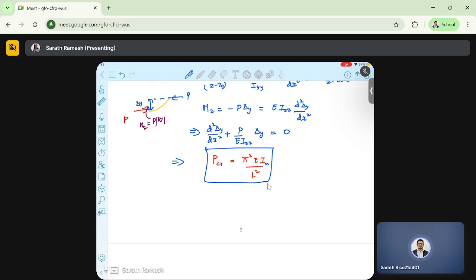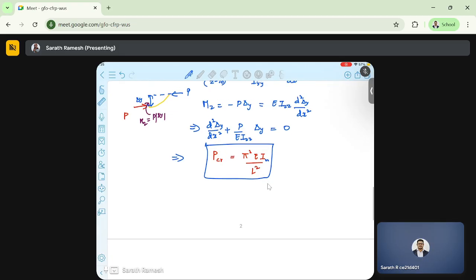Similarly Iyy also can come, but we have to be cautious in using which I it is. If it's a circular or a square, no problems. But if it's a rectangle or some other unsymmetric section, we need to take the I value which is along the minimum value.